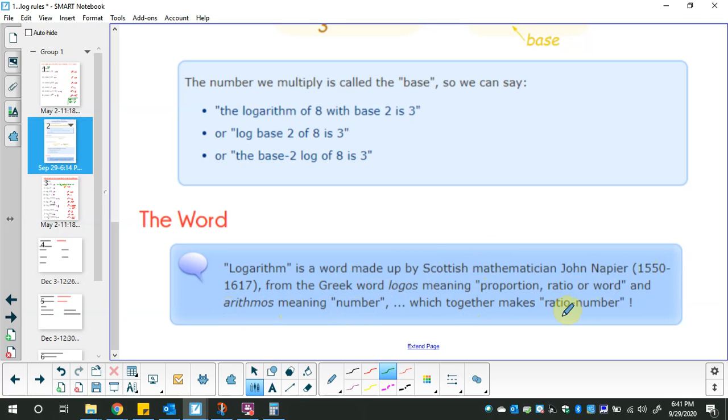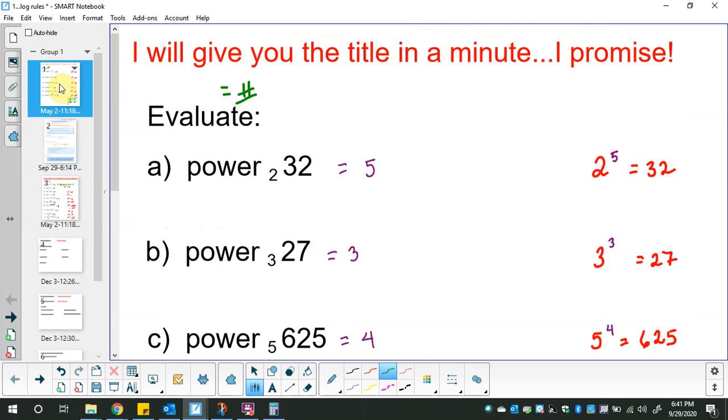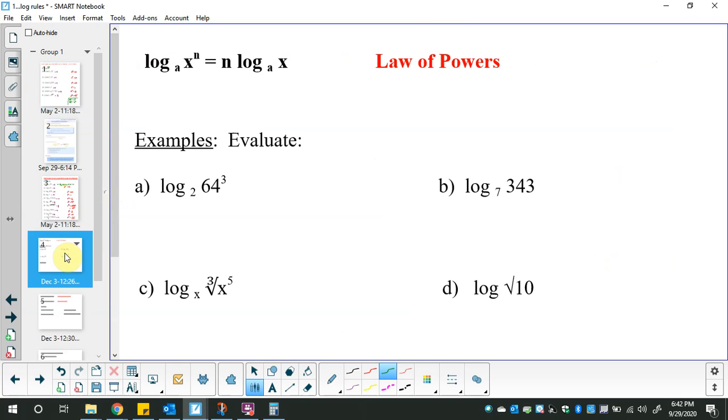So together this makes ratio number. He picked a word that I don't think he should have picked, but I can't change every math book that you ever look at. I wish he would have picked something like power or exponent or something a little cleaner, I guess.